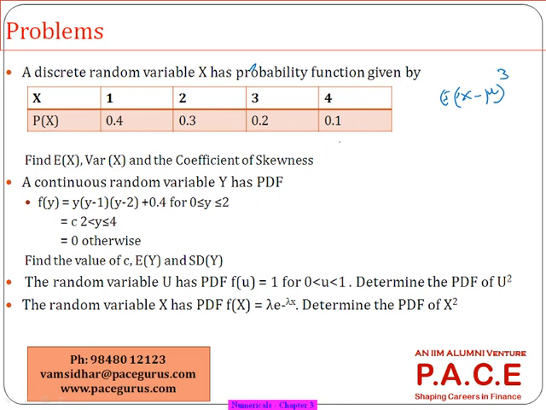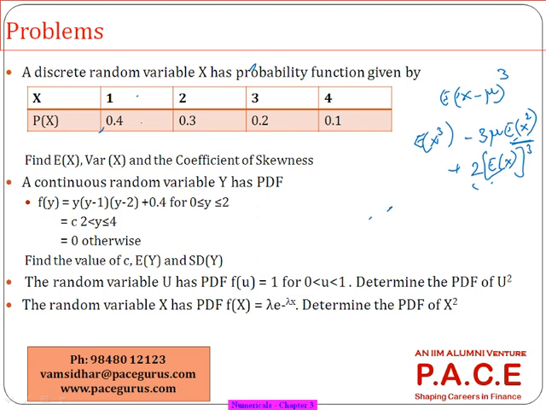So either I do it this way, find out x minus mu directly here, or you can expand it and say expectation of x cube minus 3 mu into expectation of x squared plus 2 mu cubed. Expectation of x squared we have calculated as 5.